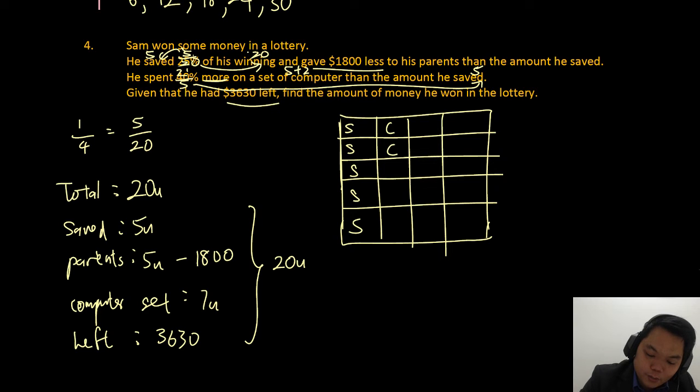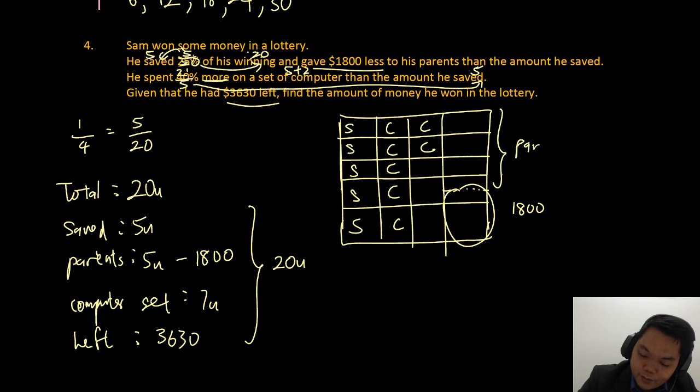Okay, then on the computer set, he spent 7 blocks. And for the parents over here, you have got 5 units minus 1800, so it should be somewhere around here. Okay, this portion should represent 1800. And this was what was given to the parents.